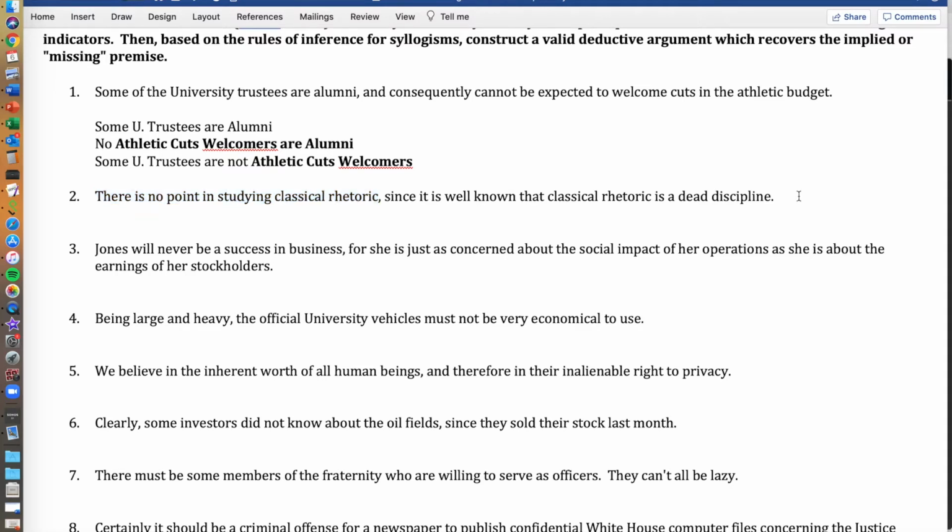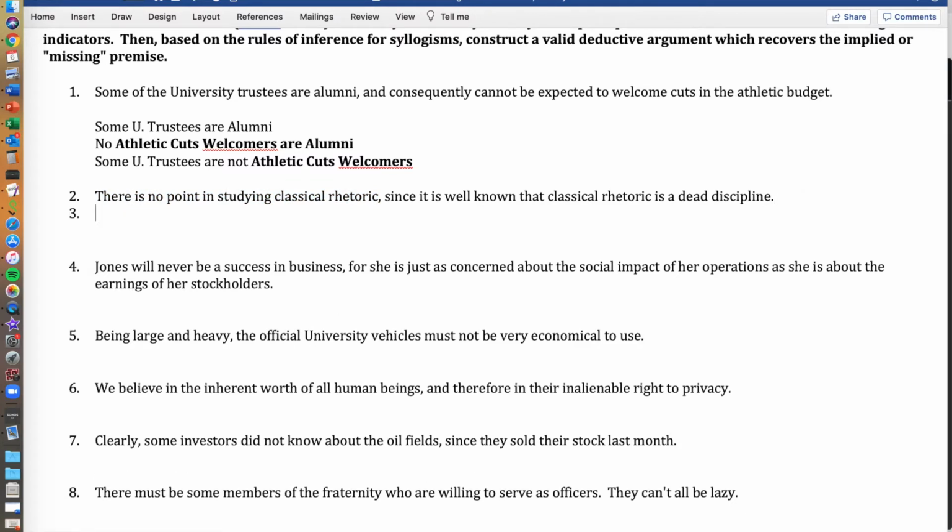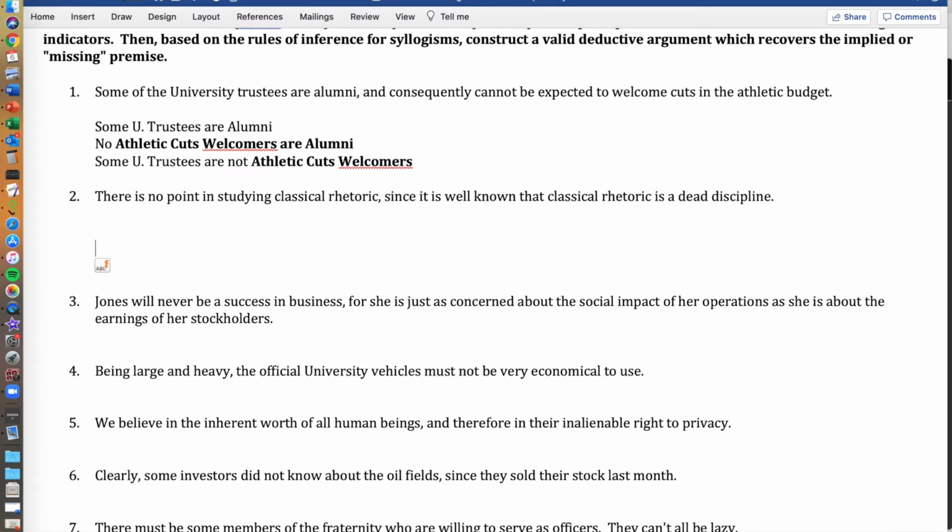There is no point in studying classical rhetoric. So we could say, for instance, all classical rhetoric are, we'll call them disciplines unworthy of study. Okay? This is the conclusion.